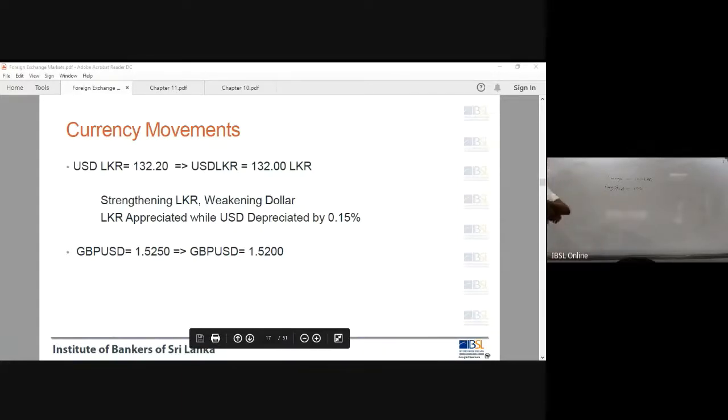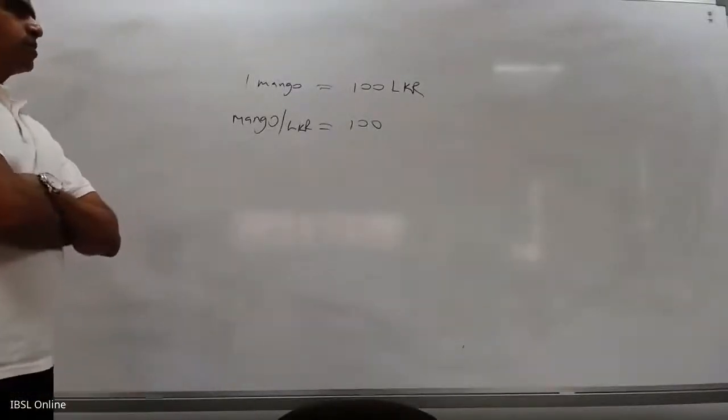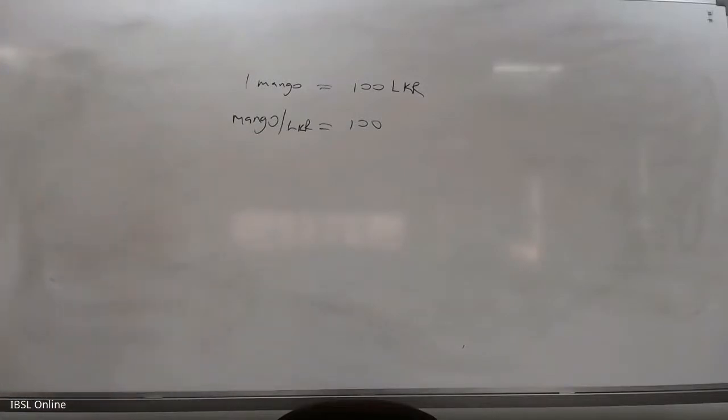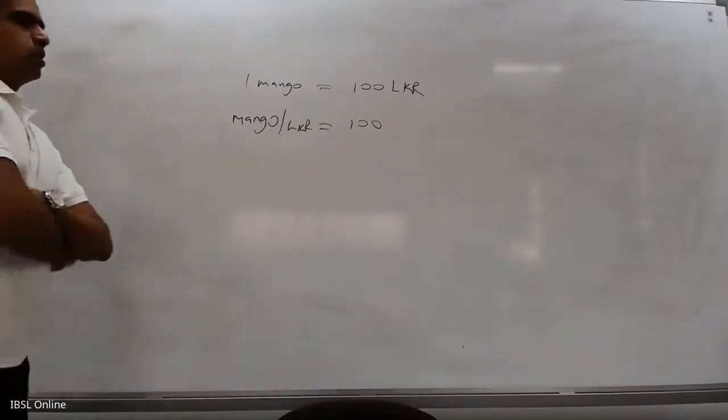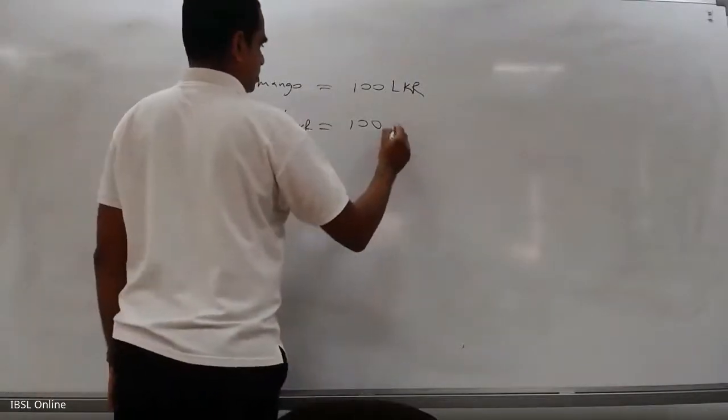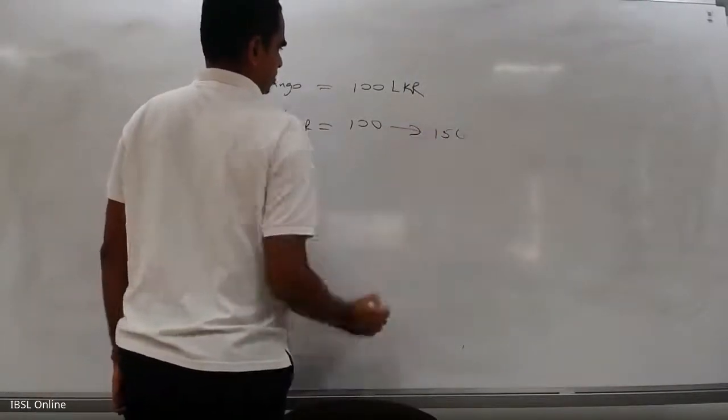In this case, if the mango rupee is 100, the base currency is the mango. So let's say this month the price is 150.